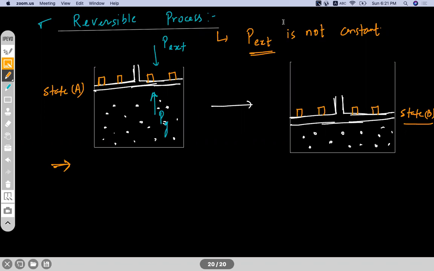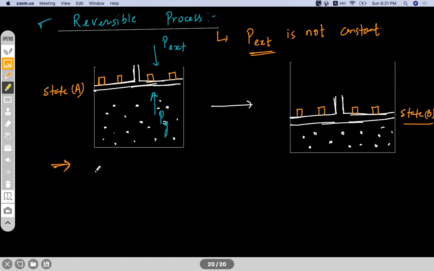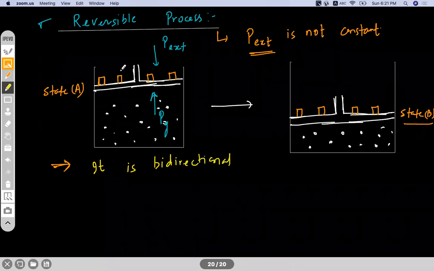Some properties of this you write down. Very important properties. Write down. It is bidirectional. It is bidirectional. Means both ways it can move, right? You remove the stone, you'll get this, right?